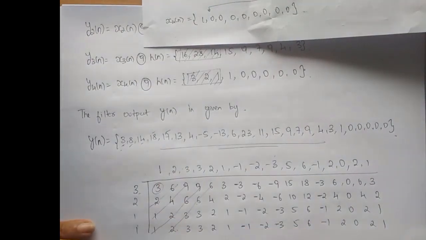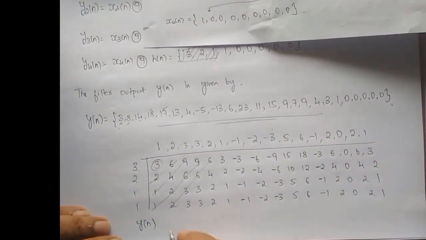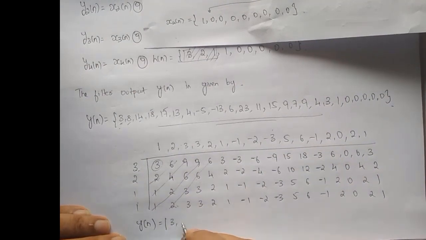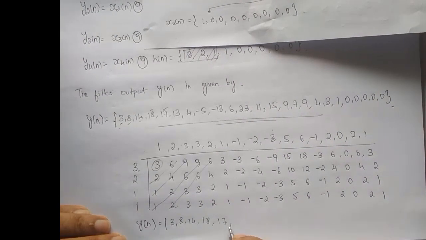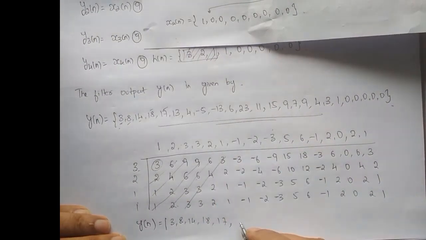So basically the output y of n that we get is 3, 8, 14, 18, 17, and this ends with 13.